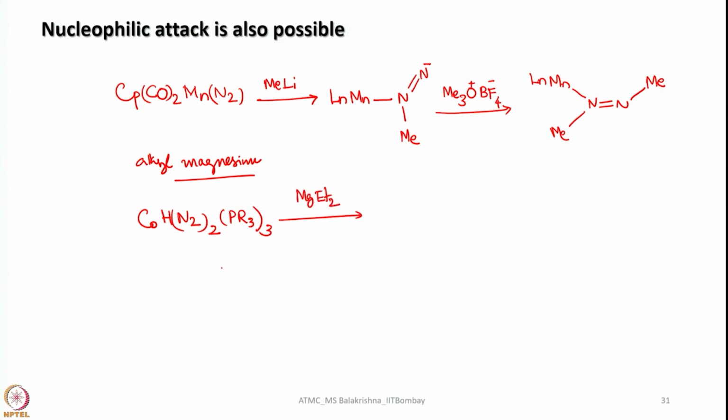Okay, so this ethyl group abstracts hydrogen from the cobalt-hydrogen bond to give C2H6.